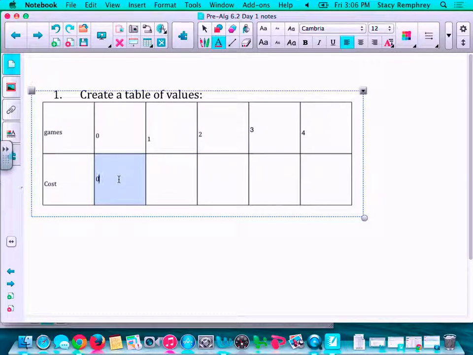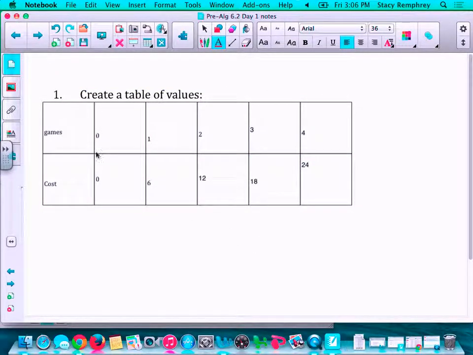Okay, 6 times 0 gives me 0. 6 times 1 is 6. 6 times 2 is 12. 6 times 3 is 18. 6 times 4 is 24. I'm constantly taking the number of games and multiplying them by 6. This is a relation because I have an input and an output. So my points are 0, 0, 1, 6, 2, 12, 3, 18, and 4, 24.